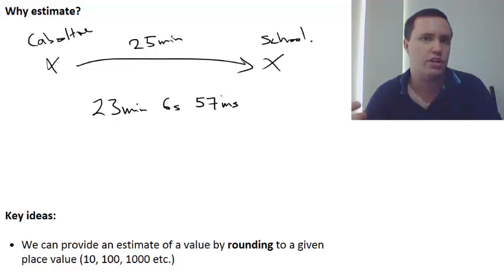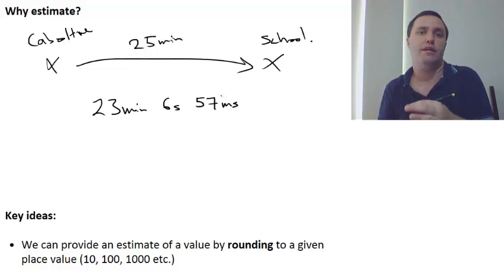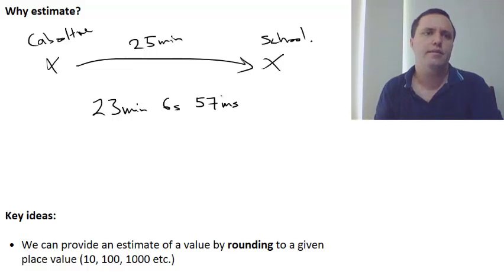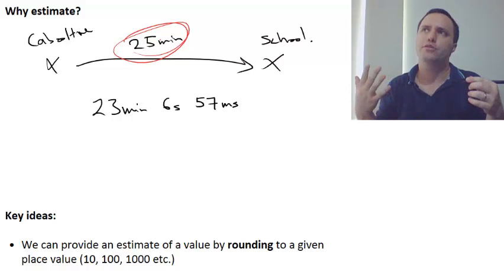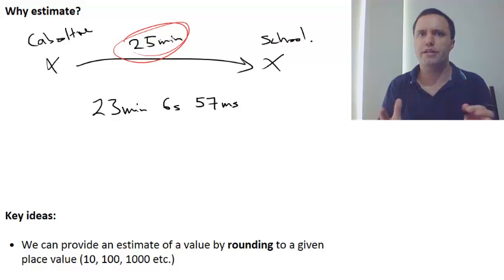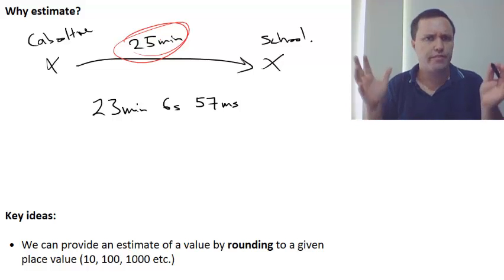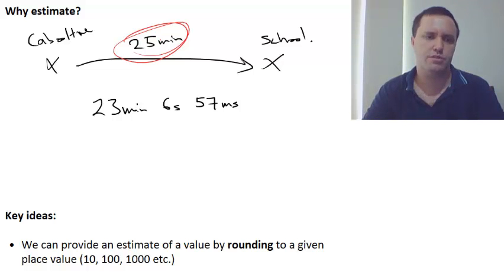It doesn't really, I don't need a stopwatch to get into hundreds and thousands of a second. So we estimate by just saying, oh, it's about 25 minutes to get to school. Estimating can help you to simplify things and to give you a better judge for areas, costing things, timing things, and measurements of stuff. That's where estimation really comes into its own.